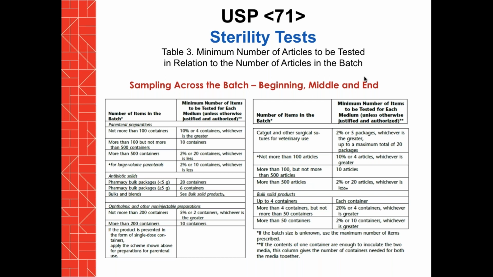USP 71 should not be cited if it does not meet these minimum criteria for the amount used in conducting the test, as reflected in Table 2, or the number of articles tested, as listed in Table 3. And one point you might note: let's say you're making a large batch, from a practical perspective, you're trying to find, is there an error?